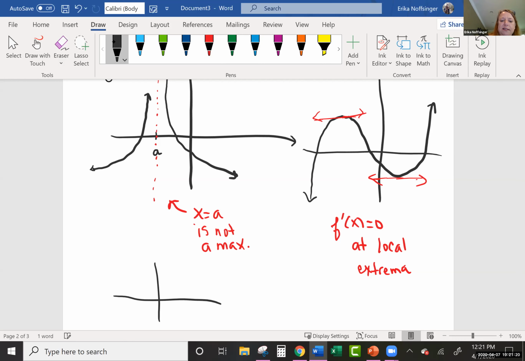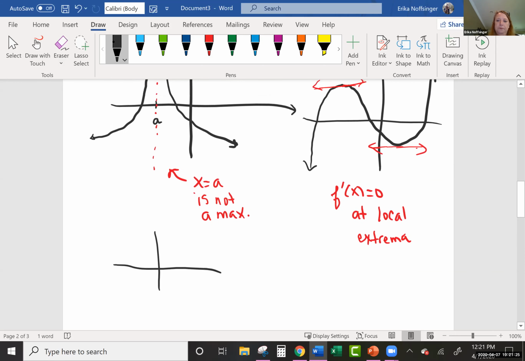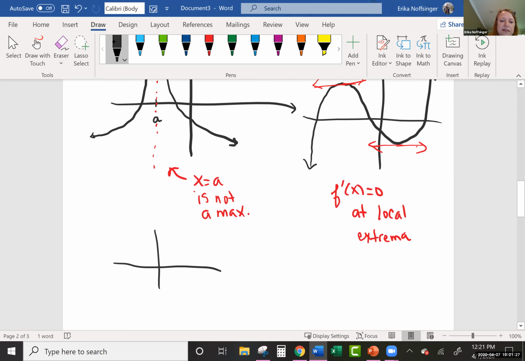The problem is, you could get your derivative equal to 0 and still not have an extremum. So here's an instance where it's equaling 0 here, but notice it's not changing direction. It's still strictly increasing.